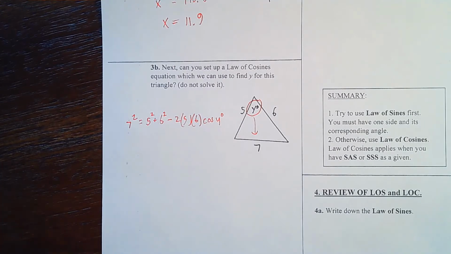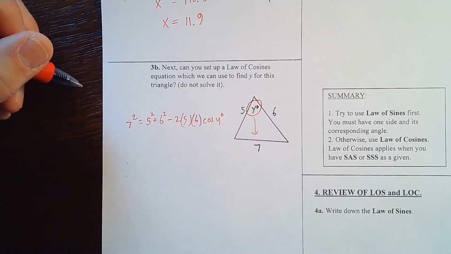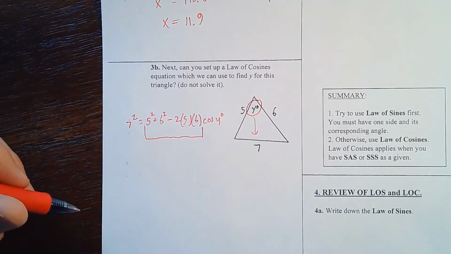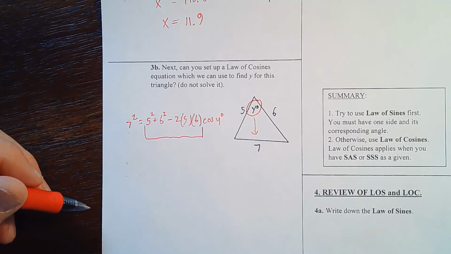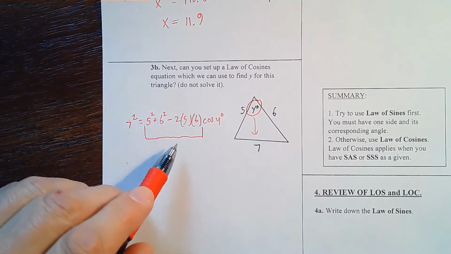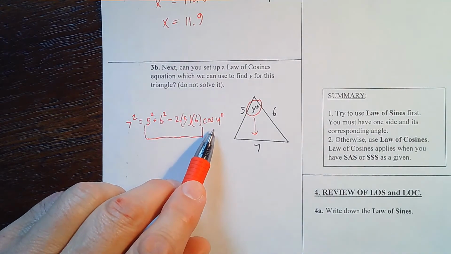Now, extremely important point here. What almost every student does in the beginning when they're first learning to use law of cosines is you multiply and combine all of those numbers together on the right side in your calculator. 5 squared plus 6 squared minus 2 times 5 times 6. Don't do that. You can't do that because the last term here, the 2 times 5 times 6, is attached to the cosine y.